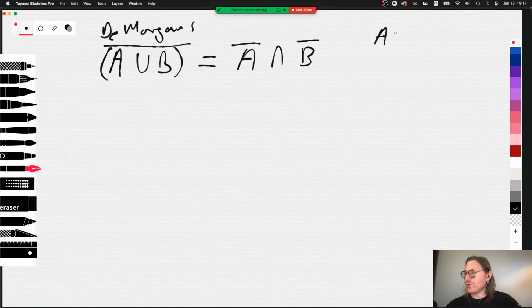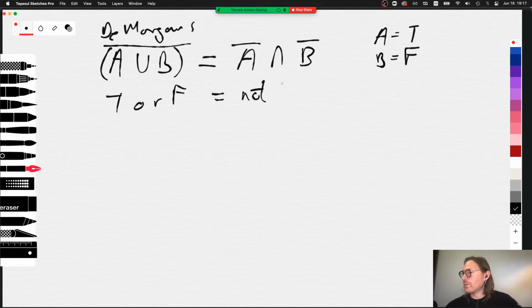Let's say A is true, B is false. We can prove this pretty quickly. This is true or false. Is that going to be equal to not true and not false? Well, let's find out.